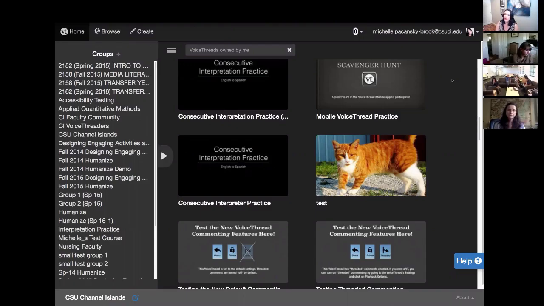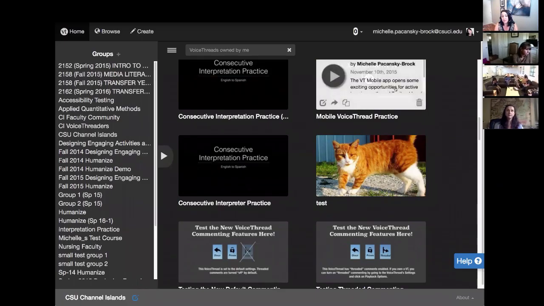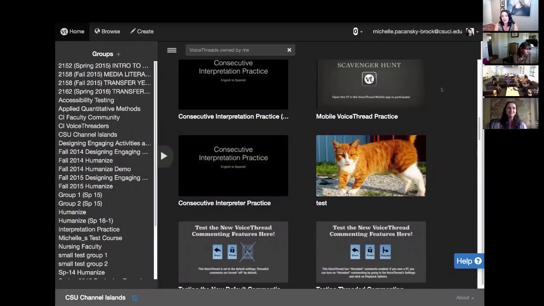Yeah, so what I've done in the past is I will go in and turn commenting off if it becomes an issue. It's one more thing that you have to remember, because that's not something you can schedule to happen, but I have done that in the past. I've just disabled commenting, and then if students come in, they don't see the comment button anymore, and it just means that the deadline is passed. You have to be sure the deadline is not like midnight.